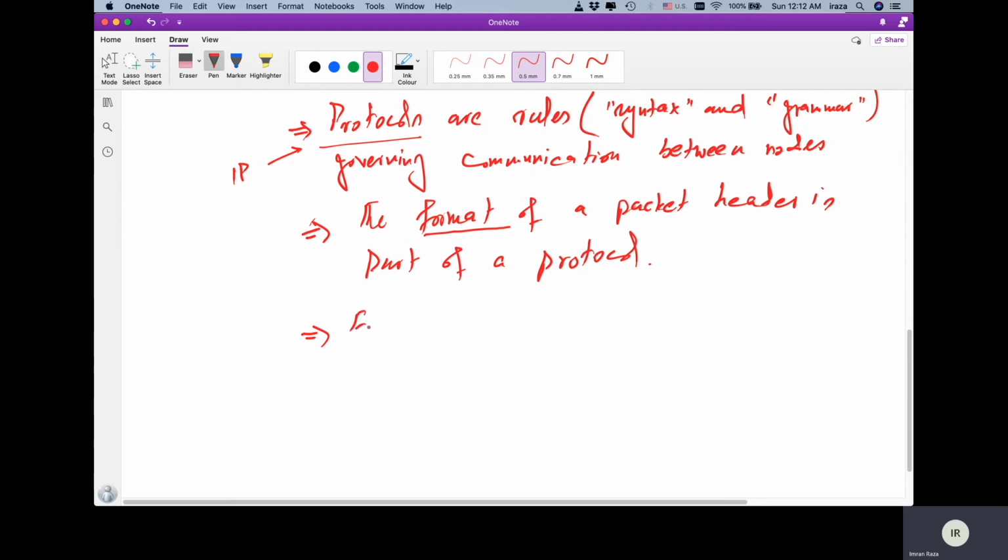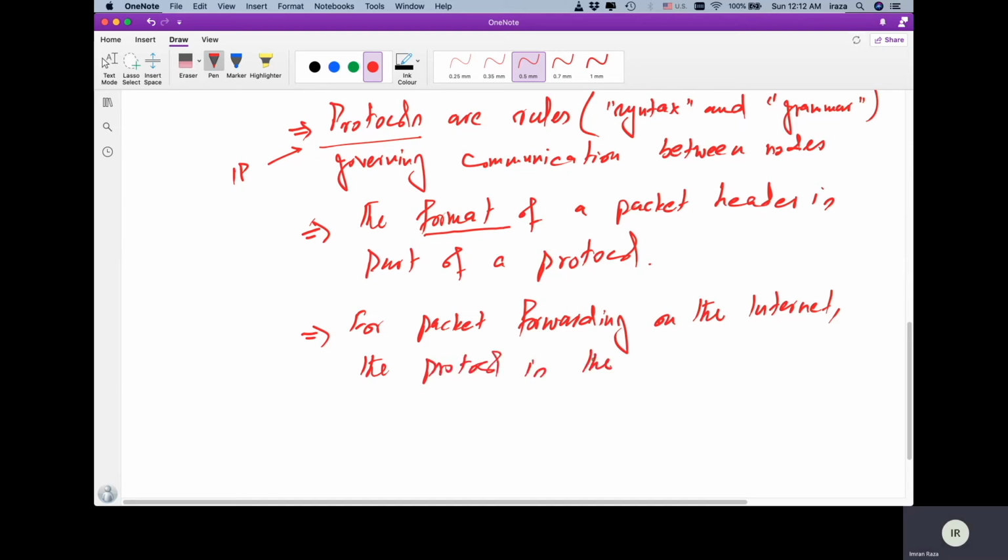So for packet forwarding on the internet, the protocol is the Internet Protocol, or IP.